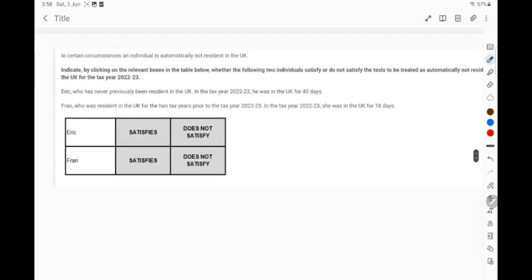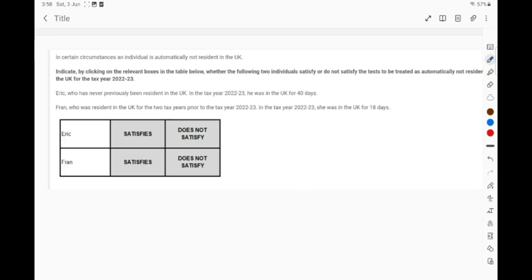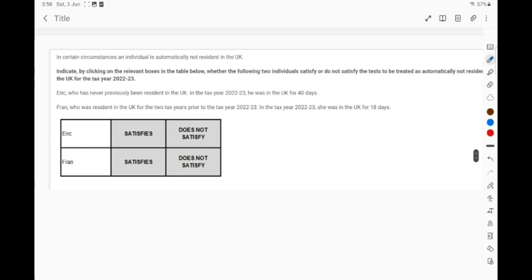Next question: in certain circumstances an individual is automatically non-resident in the UK. Indicate by clicking on the relevant boxes whether the following two individuals satisfy or do not satisfy the test to be treated as automatically non-resident in the UK for the tax year 22-23. Eric, who has never previously been resident in the UK, was in the UK for 40 days in the tax year 22-23.